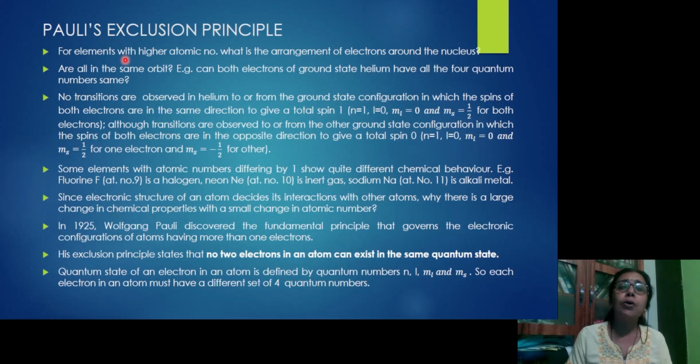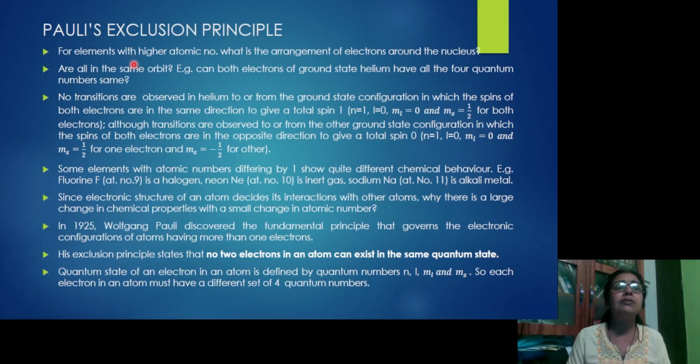Then for the next higher element, helium with atomic number 2, will the second electron be in the same shell or in a different shell? What are the different quantum numbers associated with these electrons? To solve all these queries, we can use Pauli's exclusion principle.